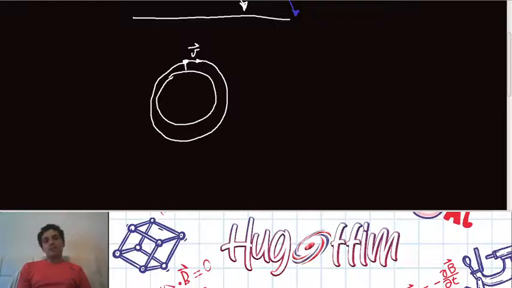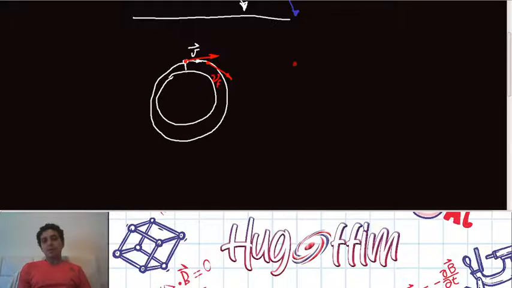So the first thing we need to bear in mind is that in this type of motion, we're going to assume that it moves in circles. The velocity is changing its direction. So I'm going to paint here in red the first velocity, and then after some time the velocity will be here, okay?